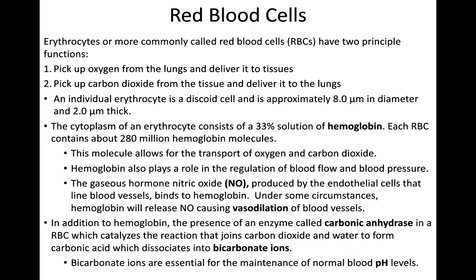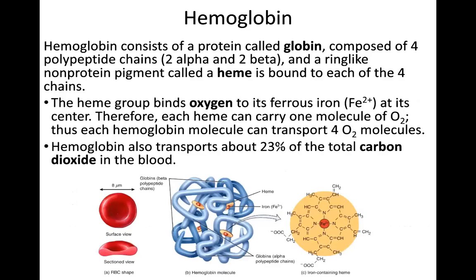Then you multiply that by the trillions of red blood cells in our body, which I do because I want to demonstrate just how amazingly great our blood is at having the capacity to carry oxygen. Once again, hemoglobin does transport carbon dioxide, but it's not nearly as important. It's only about 23%, whereas it's like 98.5, 99% of our oxygen.